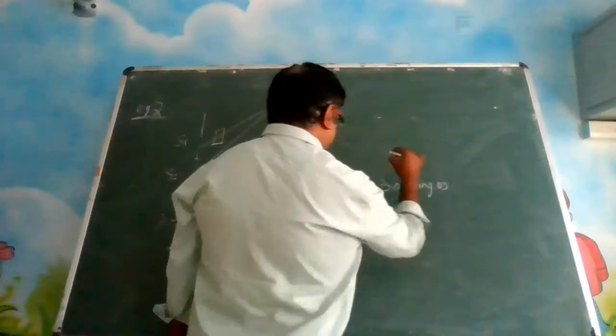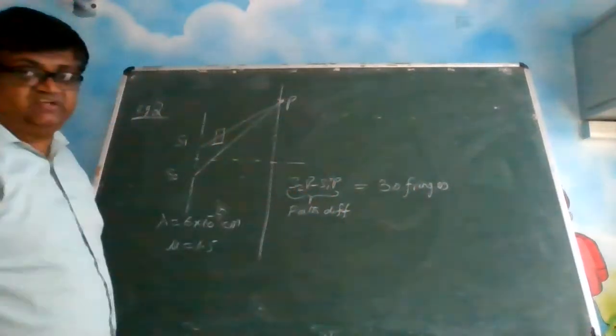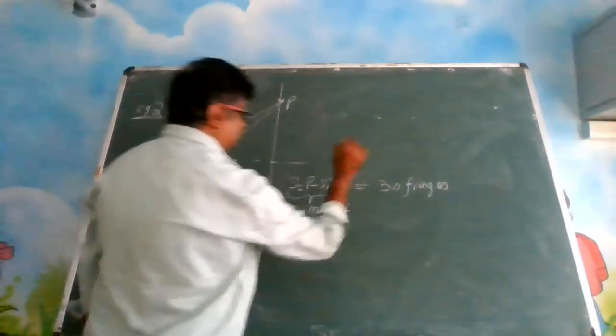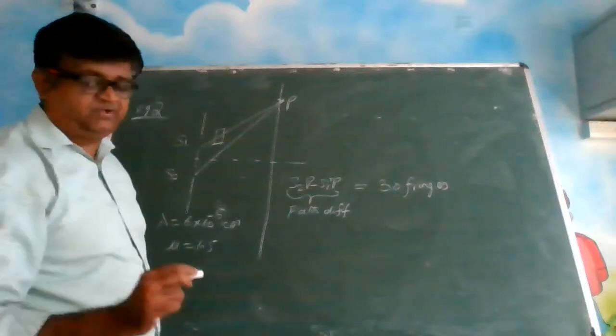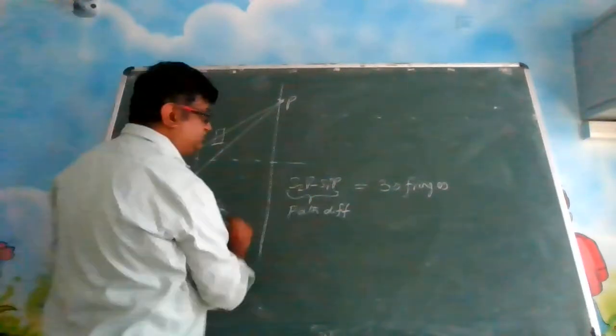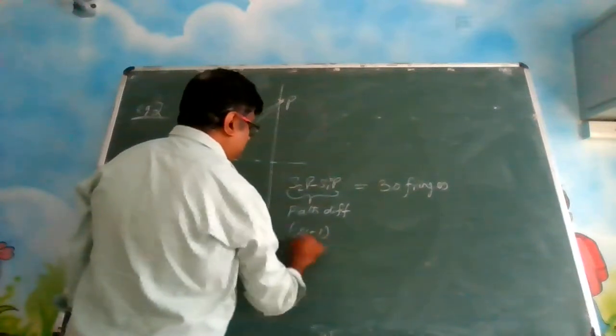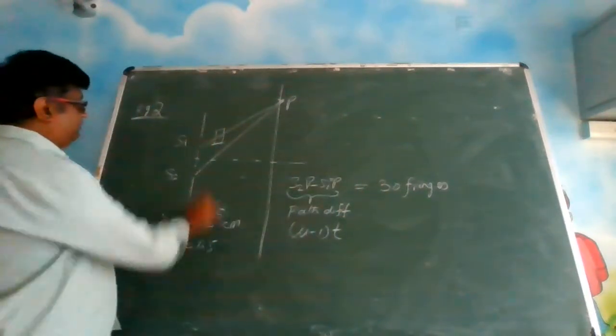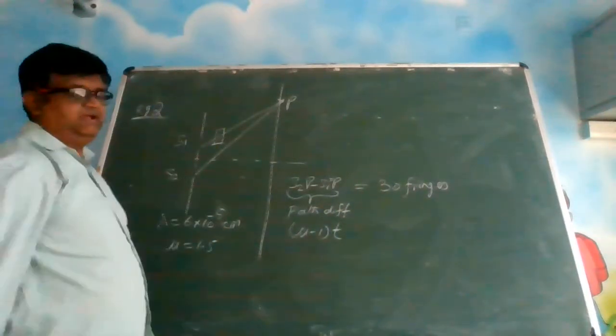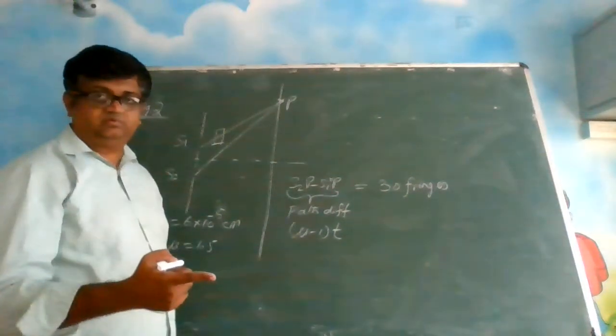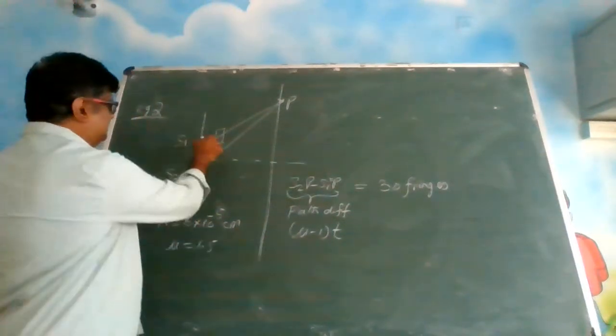Here the path difference is mentioned in terms of fringes. They have not talked about the shift. If you put a glass slab, you know the path difference is mu minus 1 into T. The path difference is because of the glass slab.